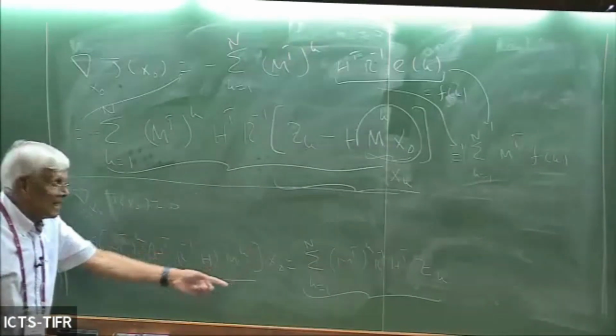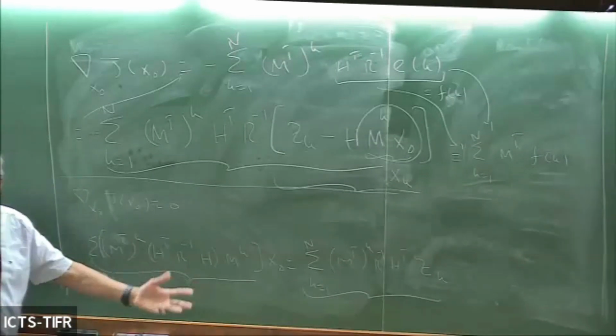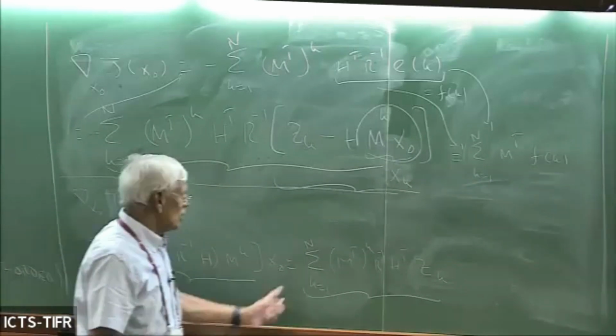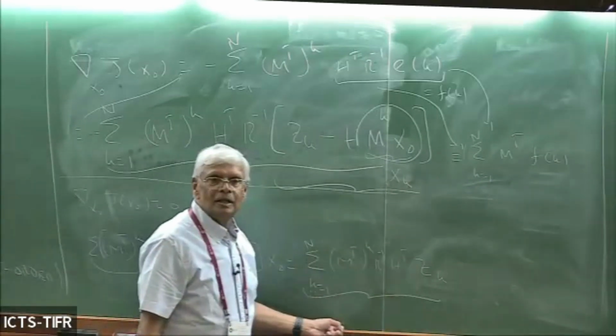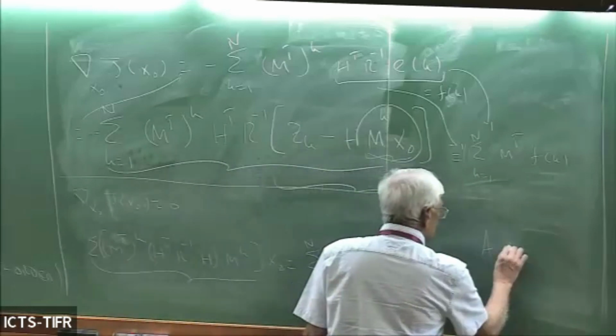By the time I end up calculating this, I'm bankrupt. I have spent all my money in computing that matrix. Now I have to borrow money to compute this. Then I have to solve the resulting linear system, a x naught is equal to b.